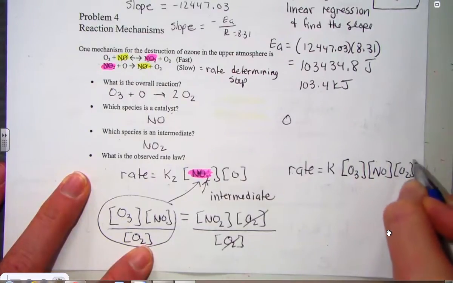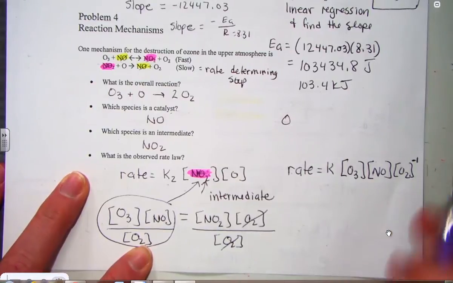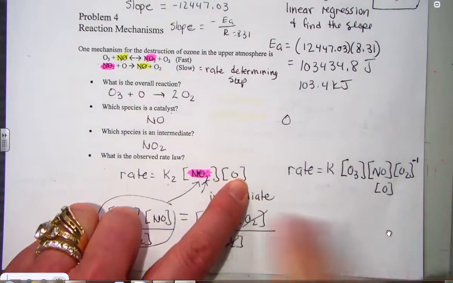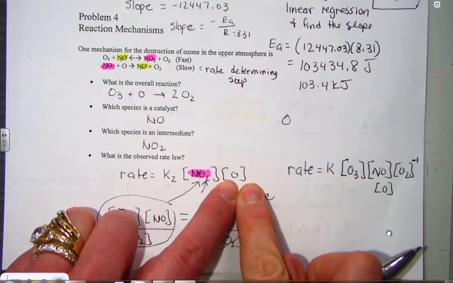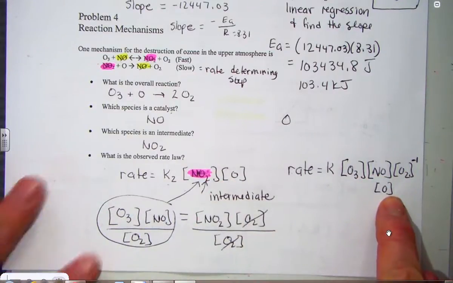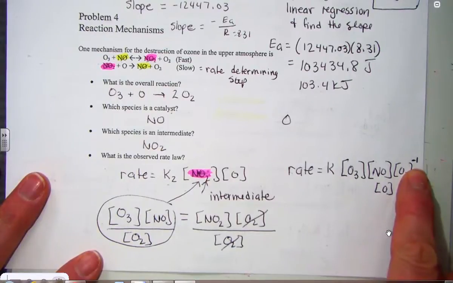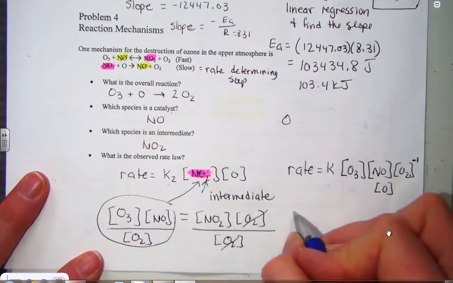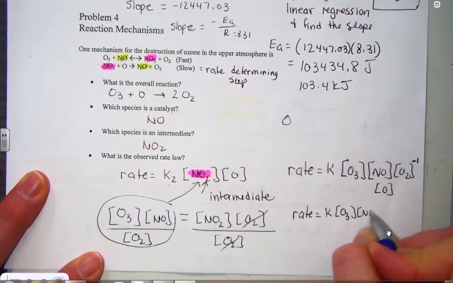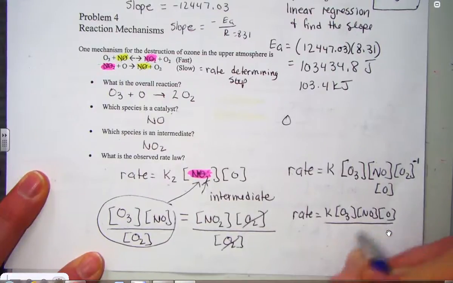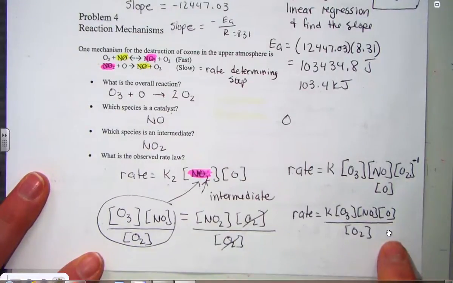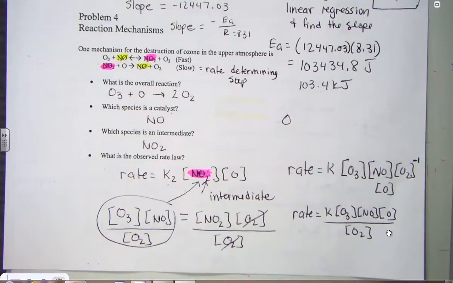So typically you'll see that to a -1 order, and I ran out of room here, times the concentration of O. That was originally part of our observed rate law. 1, 2, 3, 4 brackets in this observed rate law. Oxygen is raised to a -1 power because it was under. Although it's perfectly fine if you had written rate is equal to K, O3, NO, O, all over molecular oxygen. These indeed are the same, but you typically see it raised to a -1st power.